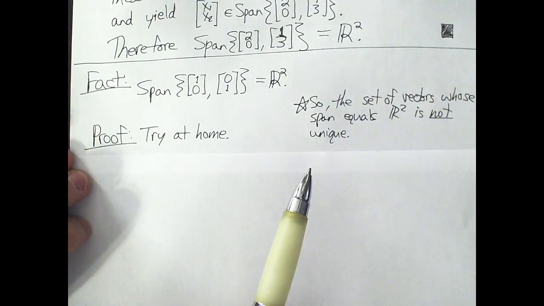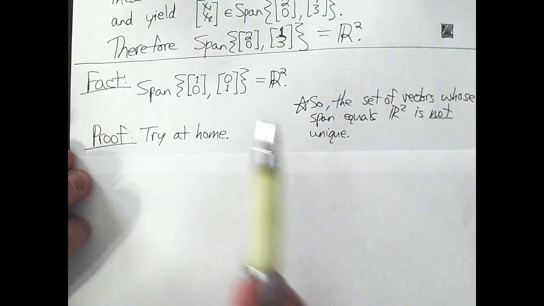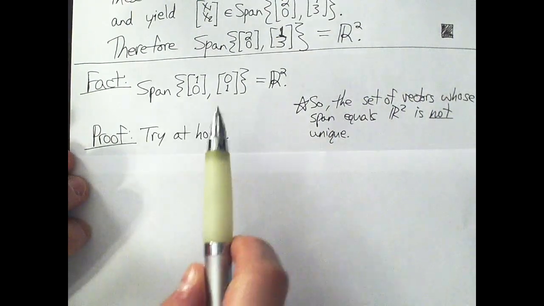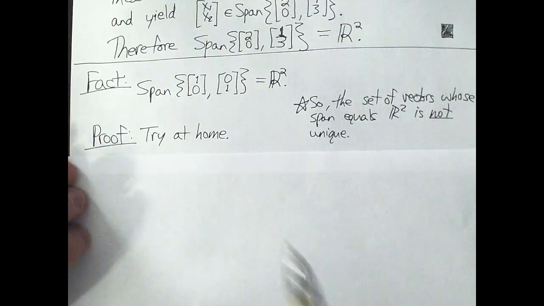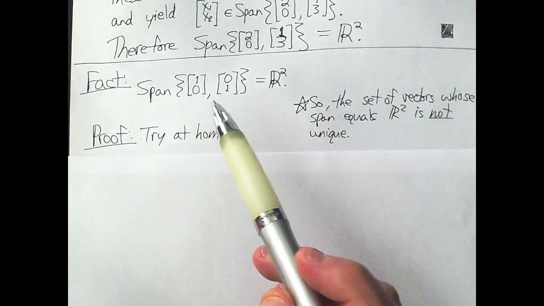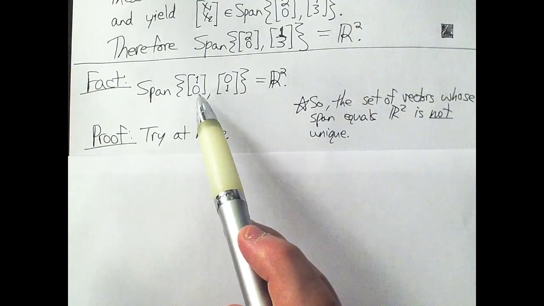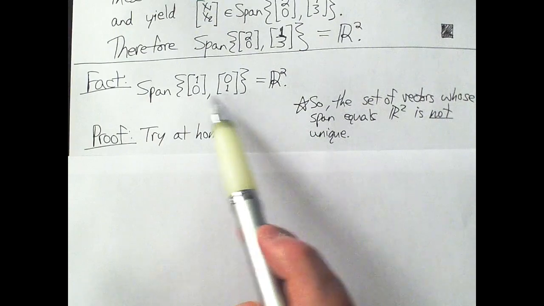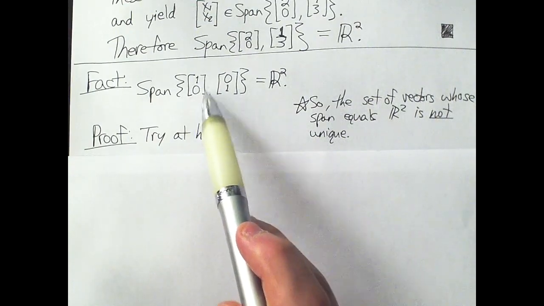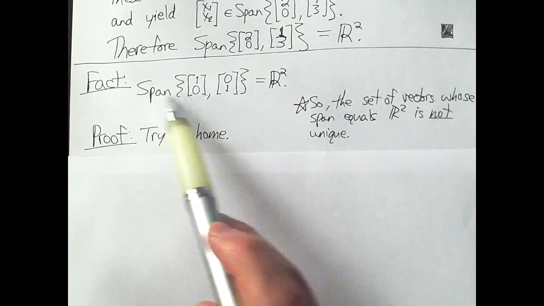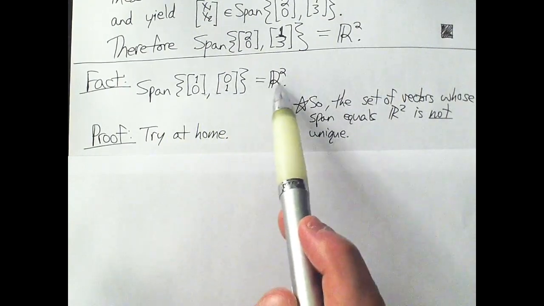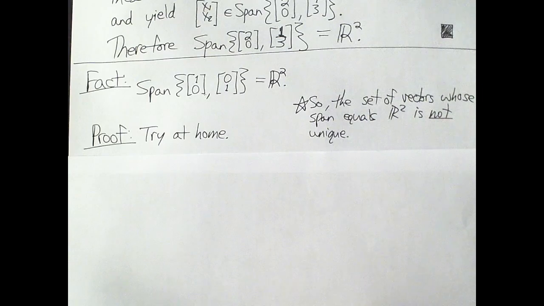I can't help it. There's so much that I want to talk about in regard to this statement. I want to ask you, do you think it's possible to come up with a single vector instead of a pair? Do you think we could come up with a single vector that's the span of a single vector equals R2? What would that vector have to be?